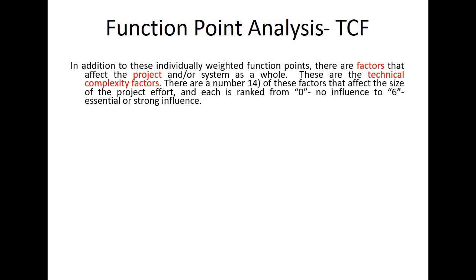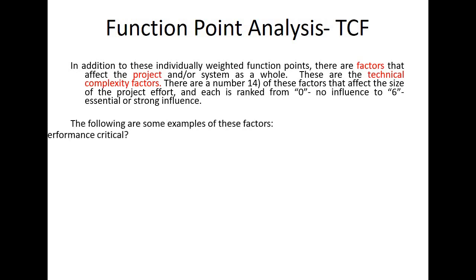Recall our previous discussion: in our previous set of slides, I jotted down all these 14 technical complexity factors, which affect the size of the project, effort and of course time as well. All of these are ranked from 0, which indicates there isn't any influence of this particular factor, to 6, which indicates that this is essential or strongly influences the size and the time.